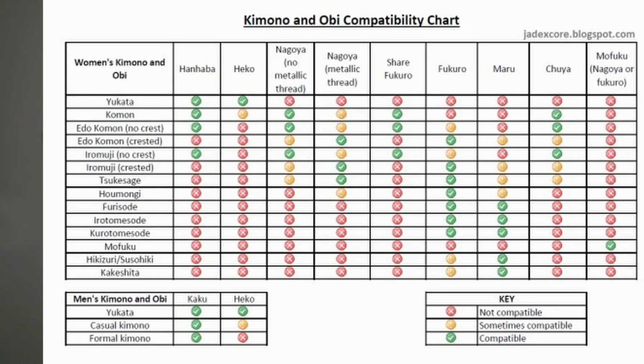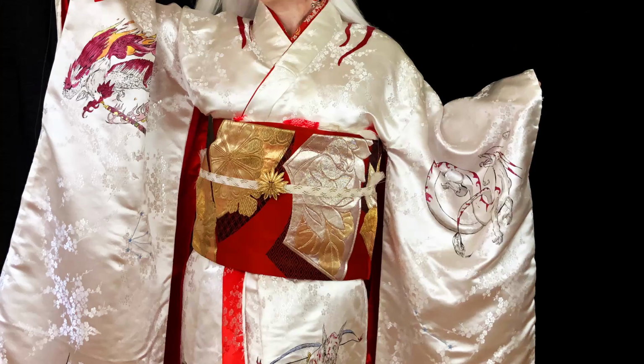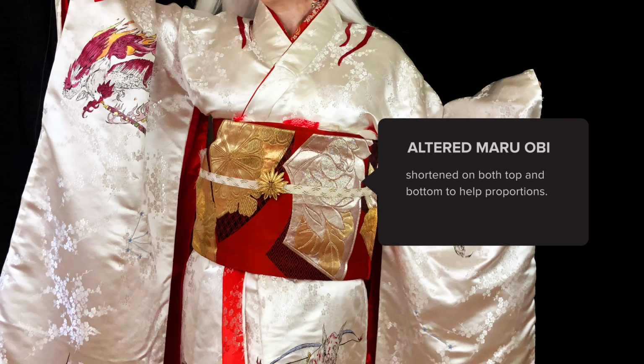I actually shortened the obi so that it would be more proportional to my waist, and I knew I was going to have a shield on my back, which was going to limit the amount of space that my back had. There wasn't going to be all of this space behind for this big, beautiful obi knot.